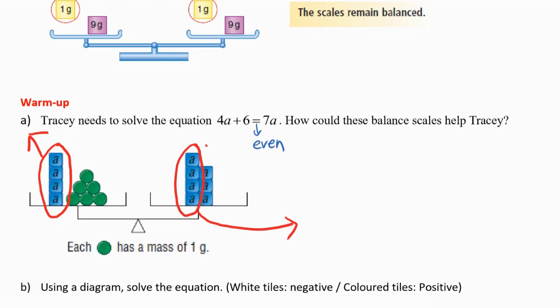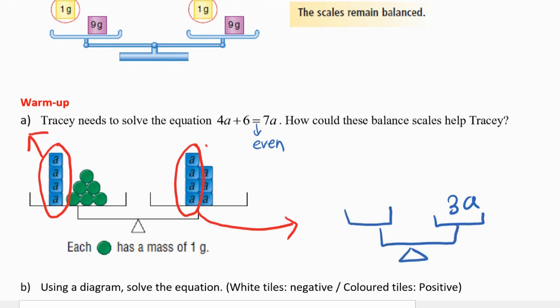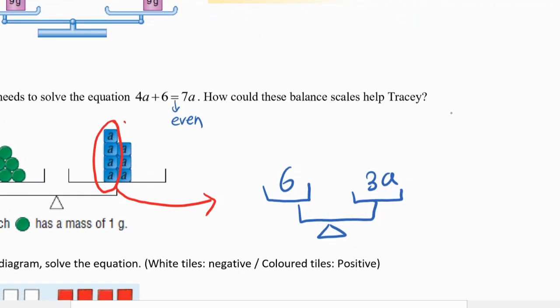So what's the leftover? The leftover is 3a. On the balanced scale, you have 3a, and you have 1, 2, 3, 4, 5, 6 integer chips here. So therefore, we can say 6 equals 3a.